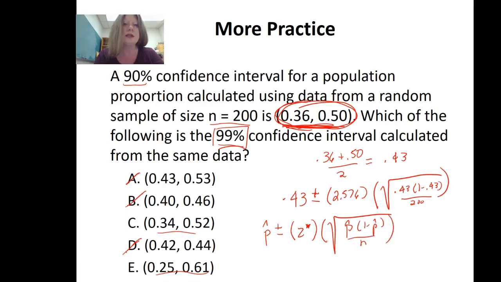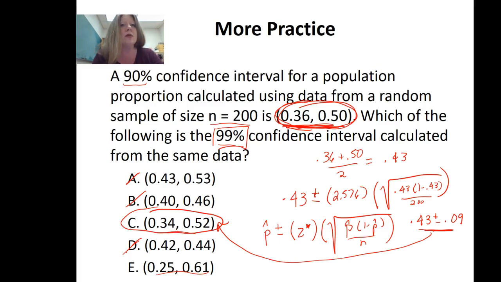Okay, so I've just plugged everything into this formula. When you work through this, and I encourage you to do this for extra practice, you're going to get 0.43 plus or minus about 0.09. So now I'm hoping that you see the answer would have to be C.